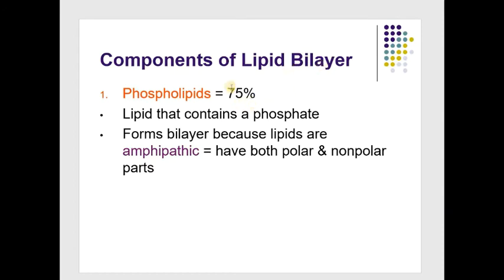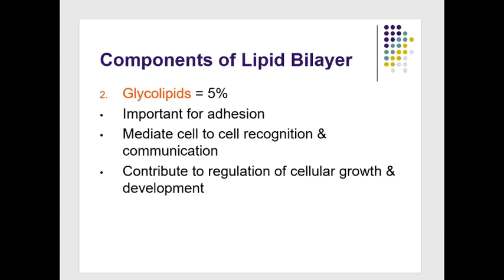So most of the plasma membrane is made up of these phospholipids that we talked about. It is going to allow it to have polar and non-polar parts. The plasma membrane's also made up of about 5% glycolipids.